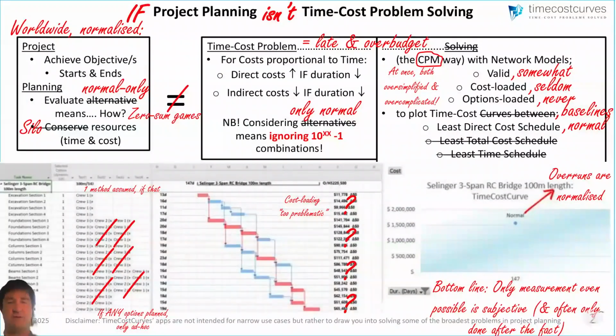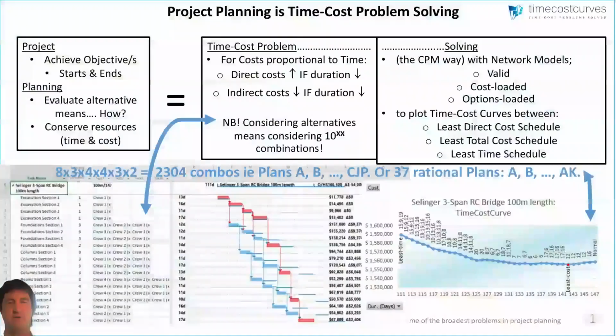And the bottom line, the only measurement even possible with this graph is just your experience or your subjective gut feel, perhaps. And again, I'll try to explain it. It's based on so many assumptions that easily fall over, and a more dynamic, comprehensive way of planning is to solve the time cost problem, where you end up with a time cost curve.